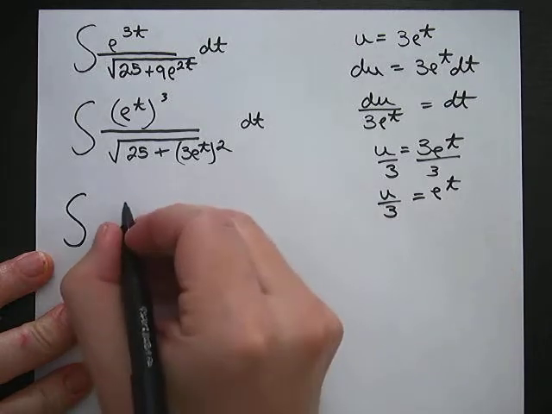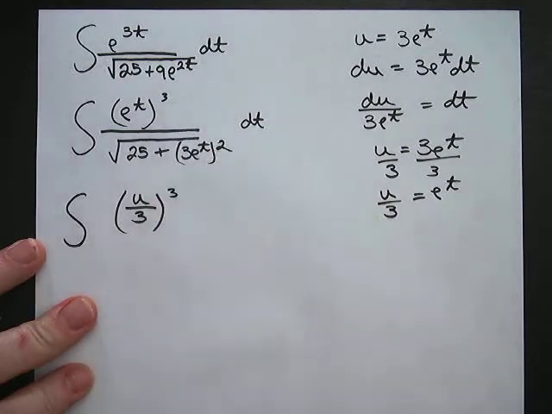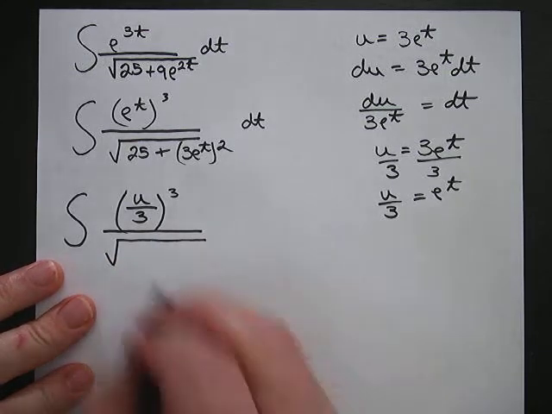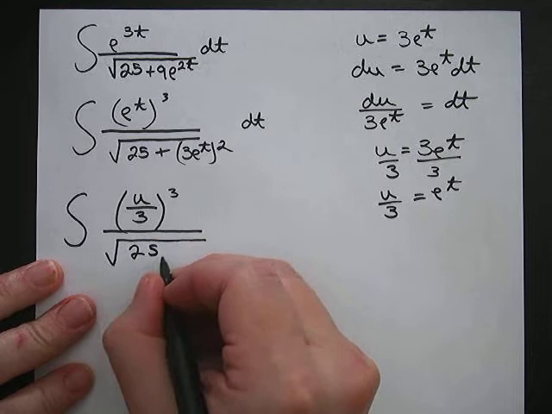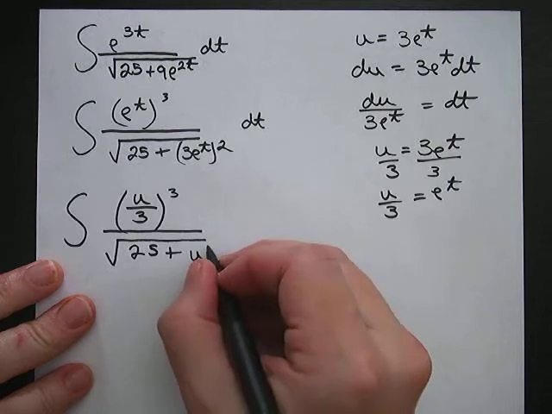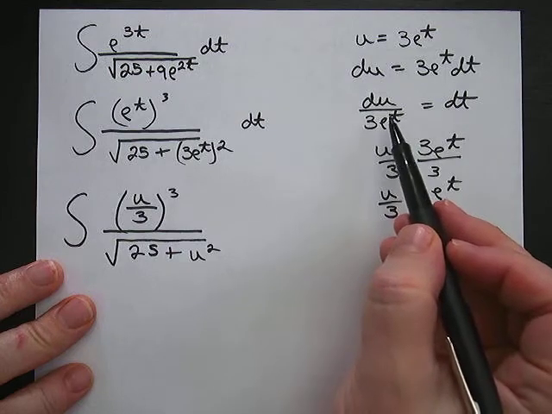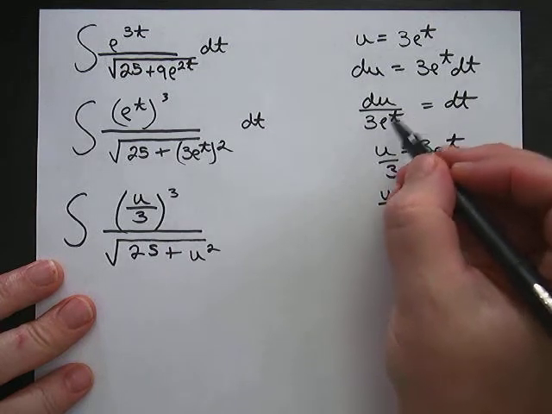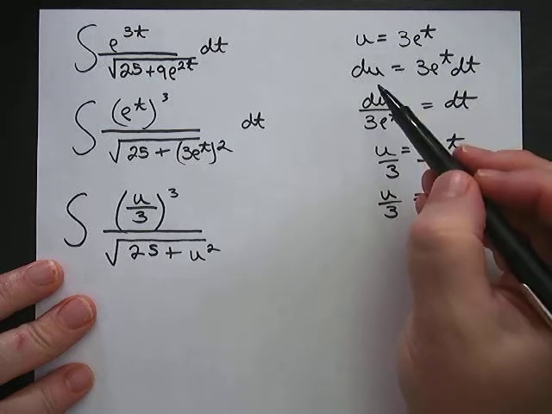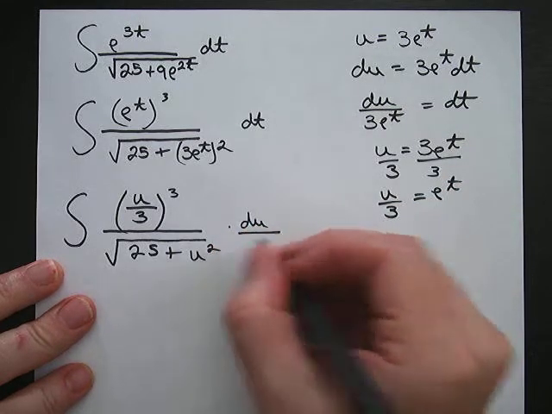So I get u over 3, and remember that's cubed because of this, and then divided by the square root of 25 plus, and now I can substitute in u there, so I get u squared, and then in place of dt, it's du over, and we could rewrite this as u. Notice our substitution. So instead of du over 3e to the t, we could say du over u. So times du over u.